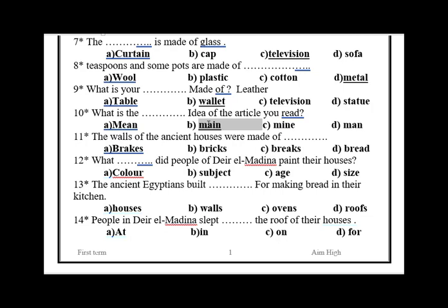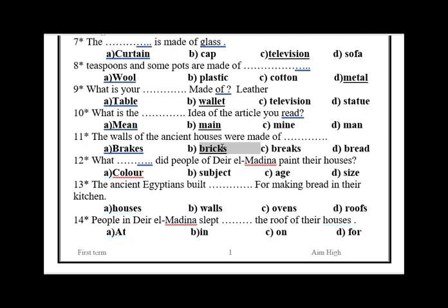Number 11, the walls of the ancient houses were made of bricks or bread. So I must say the walls of the ancient houses were made of bricks. Number 12, what did people of Deir el-Medina paint their houses?